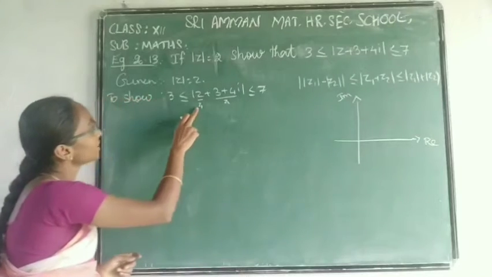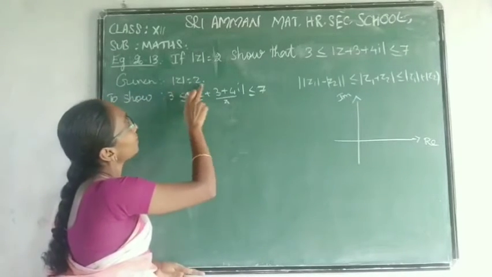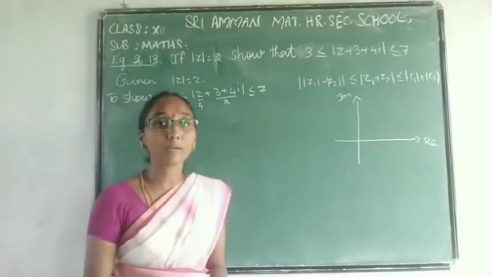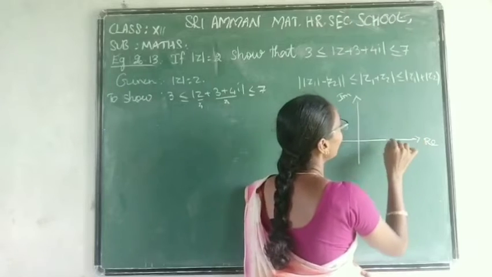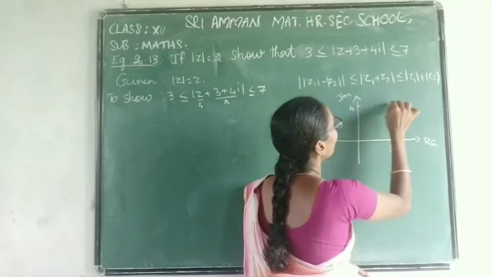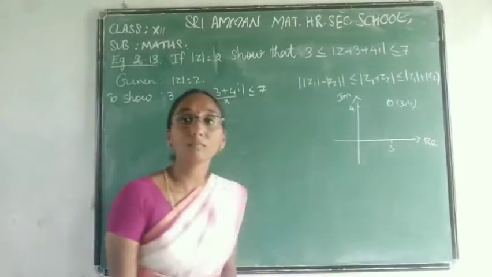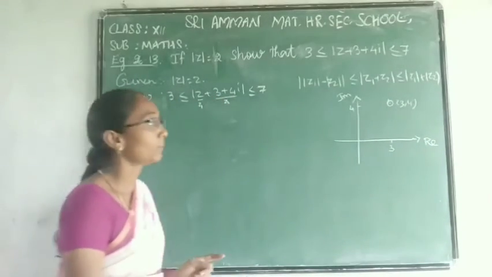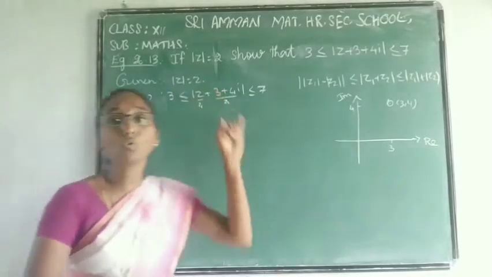But the first one, z1, is just z, so only the modulus of z value is given. In the 3 plus 4i part, I consider 3 here and 4 here, so the point is 3, 4. The modulus of z equal to 2 is only given.